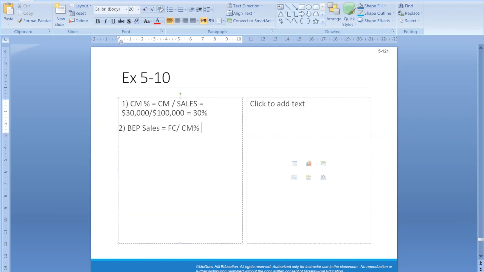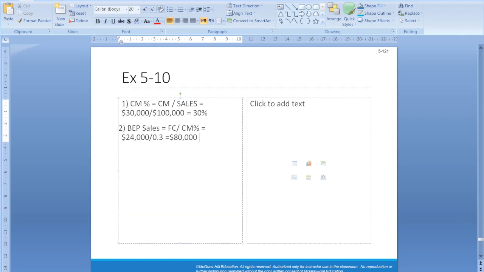The fixed costs are given as 24,000, divided by the ratio calculated in number 1, or 30%. This equals $80,000.